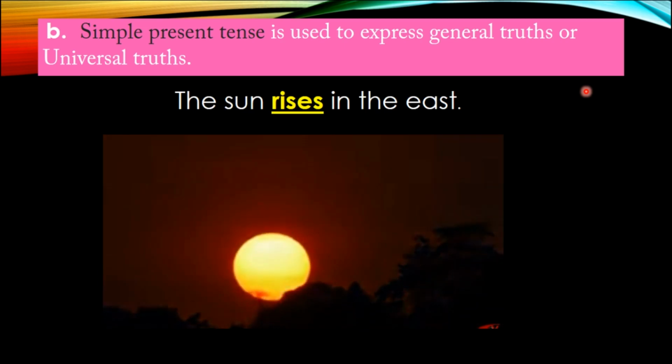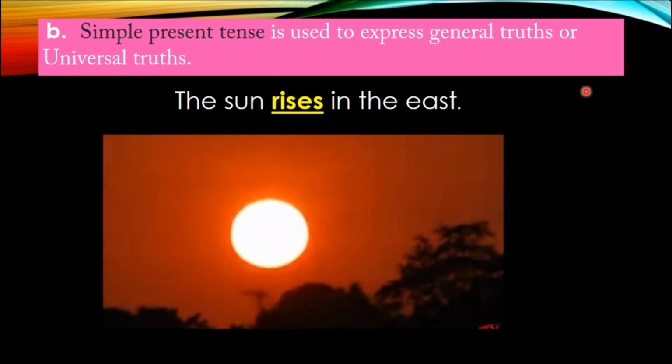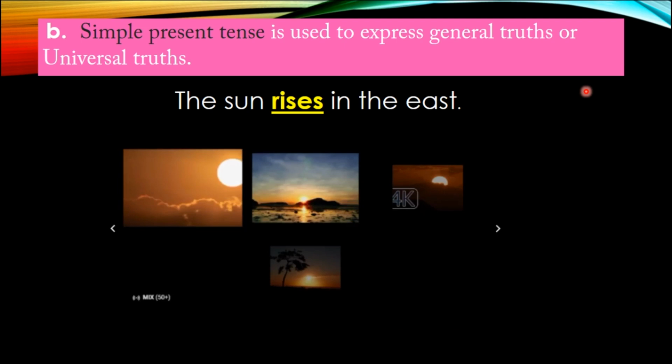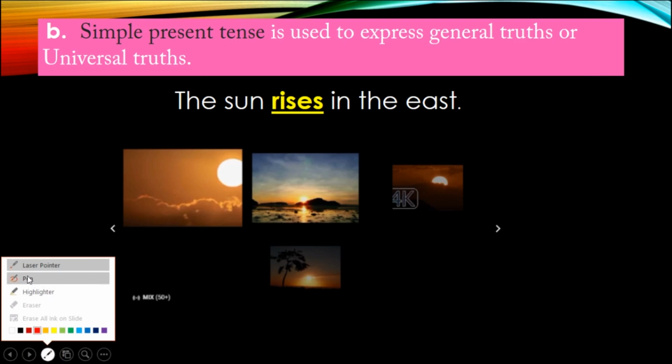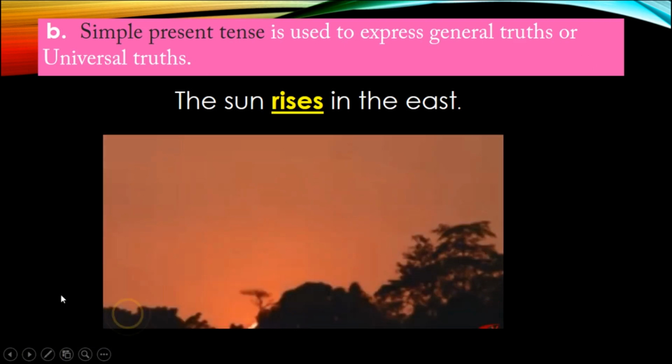Children, do you know what are the universal truths or general truths? Universal truths. Sun rises is one of the universal truths, and birds fly in the sky is one of the universal truths.